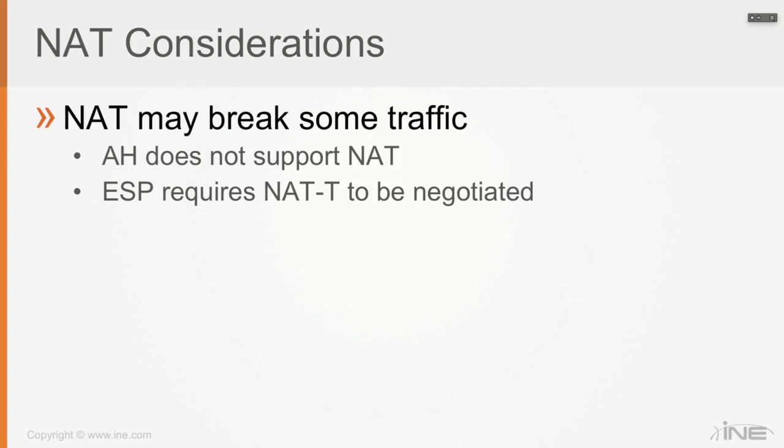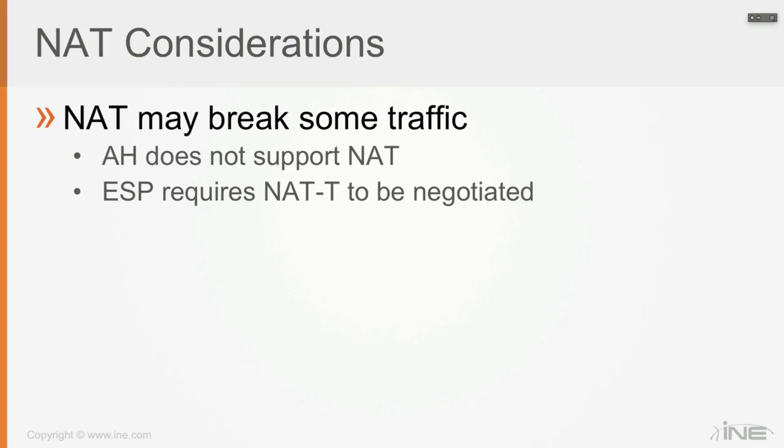And ESP, to be NAT aware, requires NAT-T to be negotiated, in most cases between the VPN gateways. So if you route ESP traffic to a NAT device that is going to NAT the ESP traffic, you'd need the VPN gateways of the VPN tunnel to have negotiated NAT-T, NAT traversal, in most cases. It can work without that.